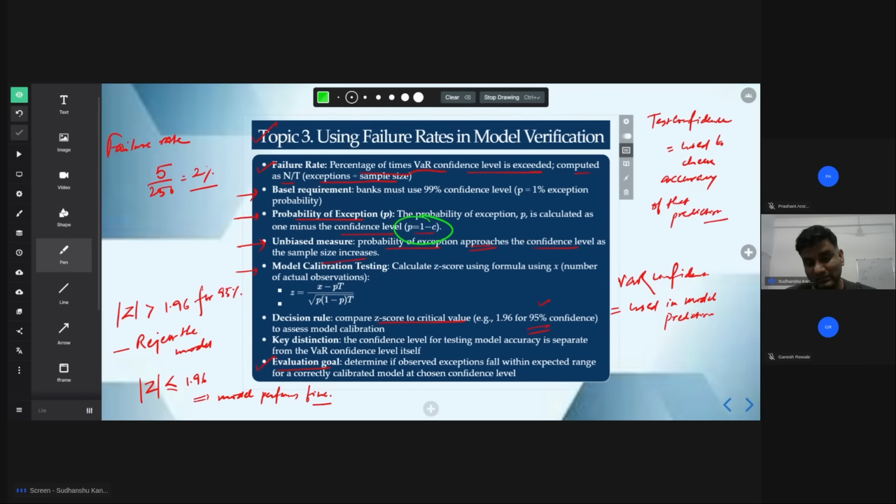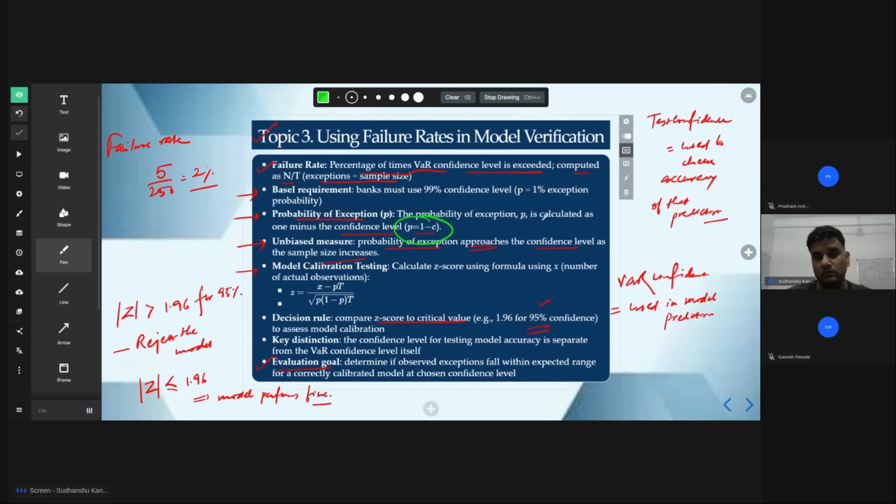Then the decision rule: compare Z to 1.96 for a 95% test, and the goal is to validate the model calibration. Overall, back testing checks how many times the VaR fails, while failure rate testing, the Z test, checks if the failure rate is statistically acceptable or not.